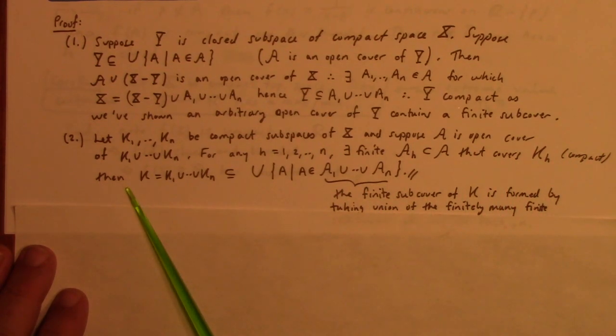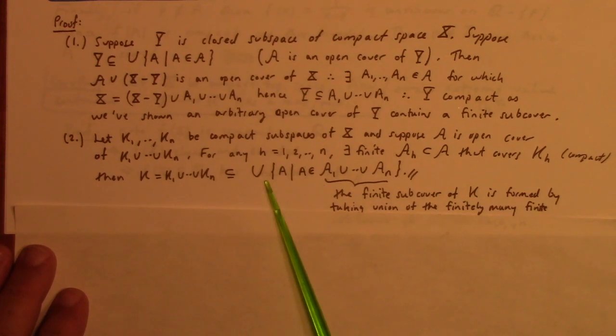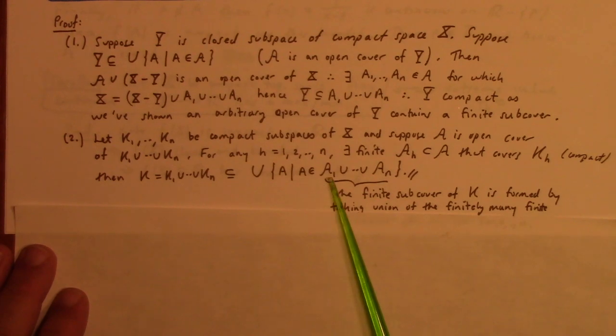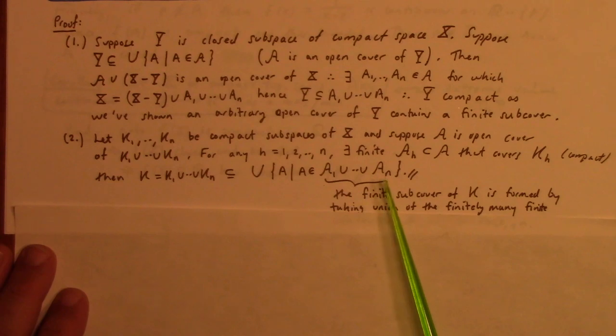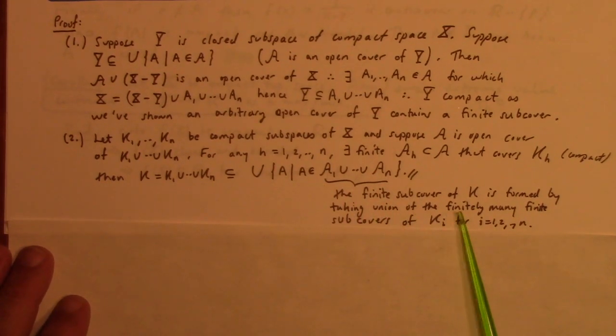And then K, equal to the union of K1 through Kn, will be a subset of this union over A. As I say down here, the finite subcover of K is formed by taking the union of finitely many finite covers of K sub i.